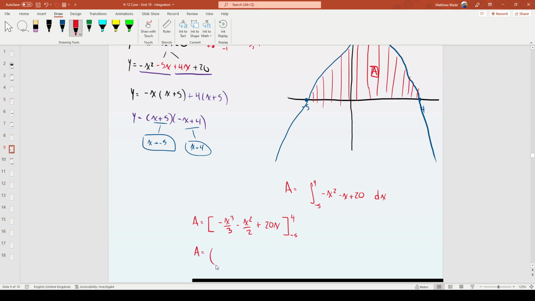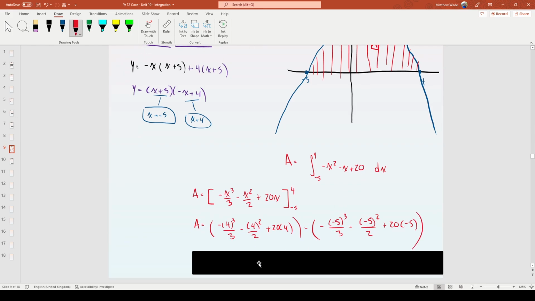A equals, open bracket, put the number in, minus 4 cubed, put a bracket around it, over 3, minus 4 squared over 2, plus 20 times 4, close bracket, take away, open second bracket, minus 5 cubed over 3, minus 5 squared over 2, plus 20 times minus 5, close bracket. Then pop all that into your calculator.